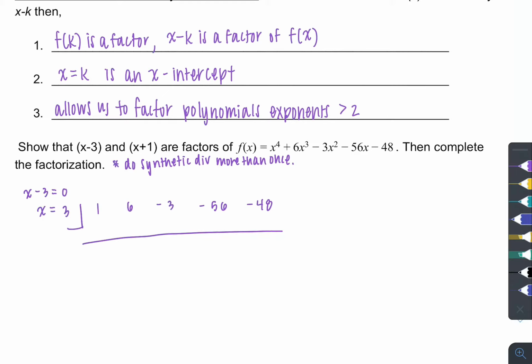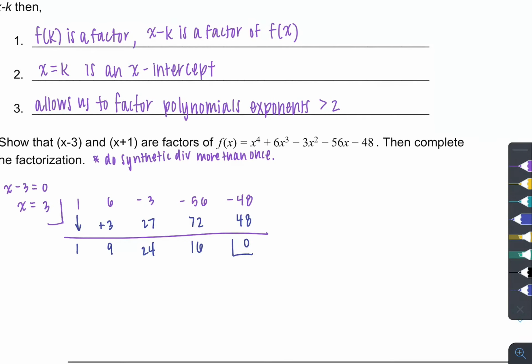There's my line, and we're dropping it down. Drop down the 1, multiply by 3, add, multiply by 3, 27, add, multiply by 3, add, multiply by 3, and add. So we get remainder 0. So yes, x minus 3 is a factor.